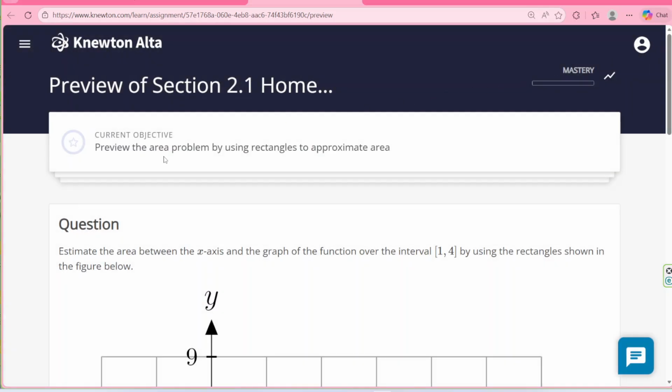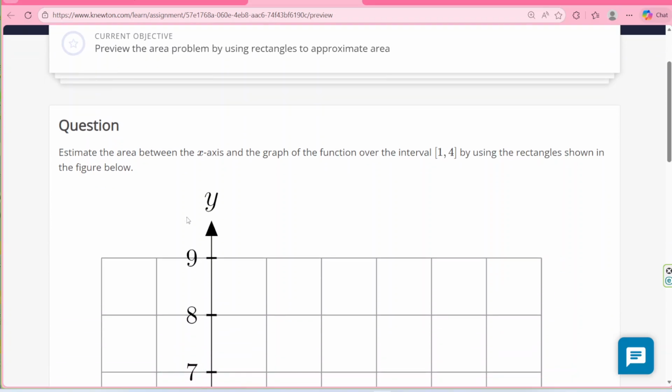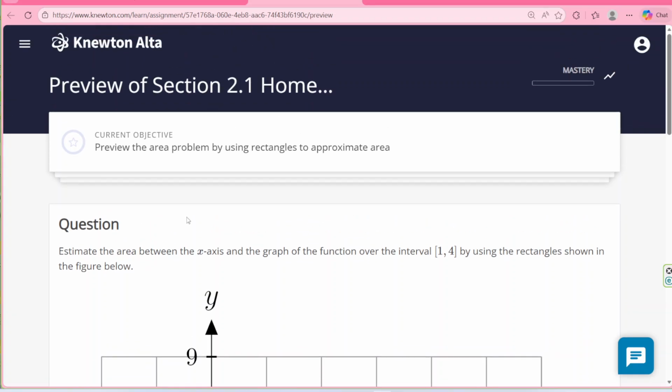So on the opening page here, you should be seeing the current objective. So here is preview the area problem by using rectangles to approximate area. Then you'll have a question related to that particular objective.